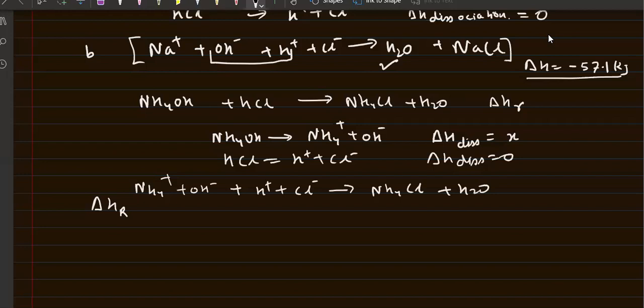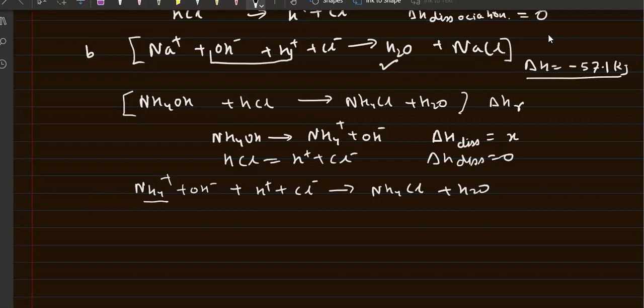So how many reactions do we have here? 3 reactions, right? First is this reaction, NH4 plus OH minus is being broken down. Then H plus and OH minus combine to form H2O. You have to find this delta H, this delta H. Got it, right? Yes or no?